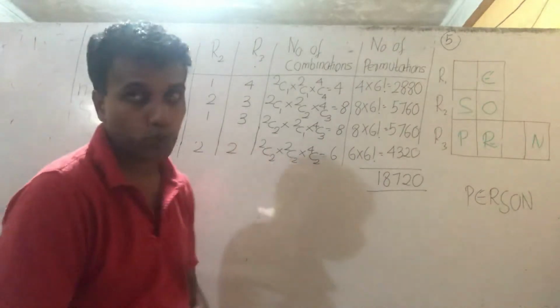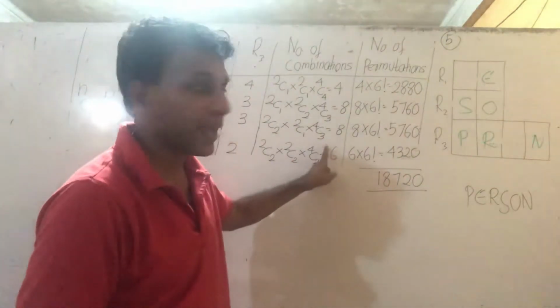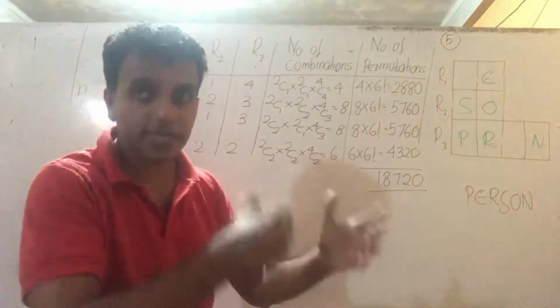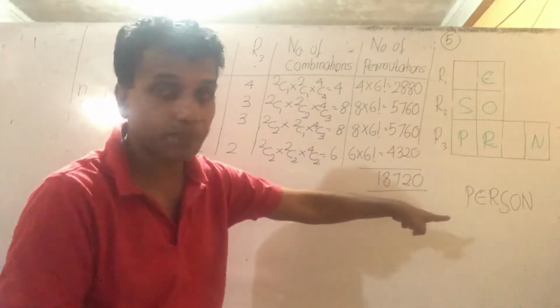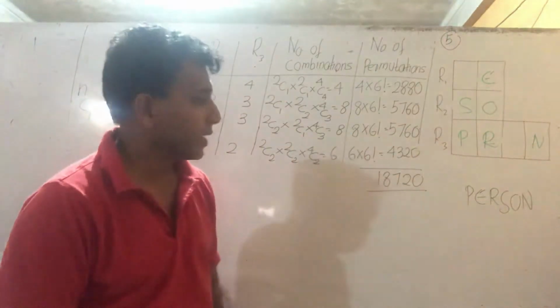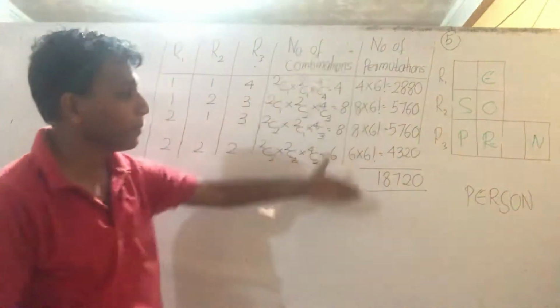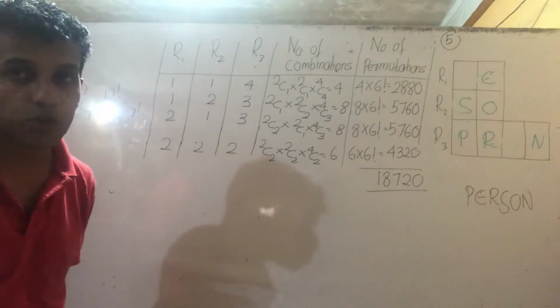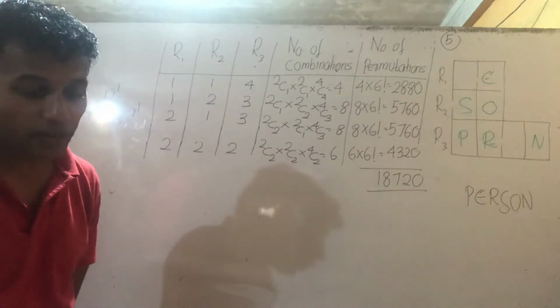The complete answer is 6 combinations like that, but they can shuffle all 6 letters, therefore 6 times factorial 6. Like this I have shown clearly. So if you sum the answers, 18,720 is the number of ways.